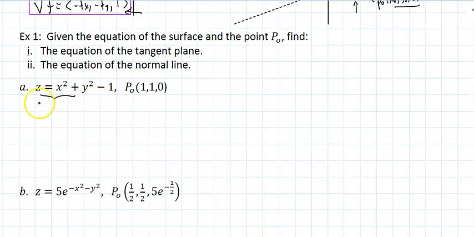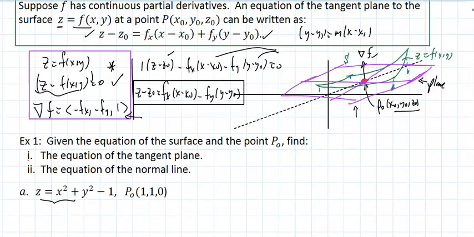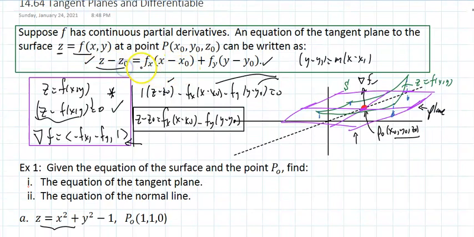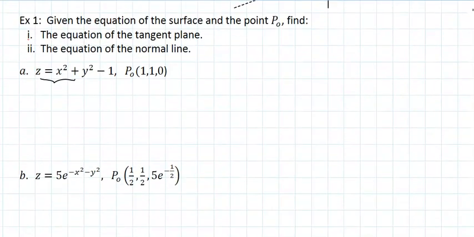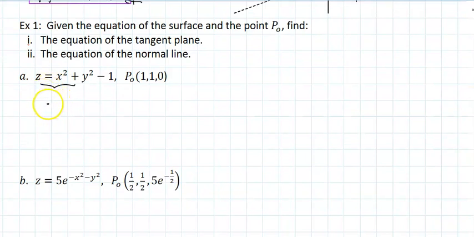So, if I wanted to stick with what they say here. They say z minus z naught equal the partial with respect to x, the partial with respect to y. Well, let's see. If you decided to follow that, you would say z minus 0 equal, I need the partial with respect to x.